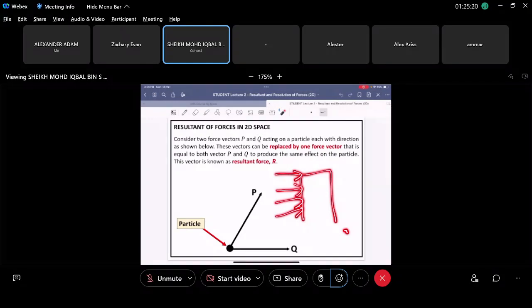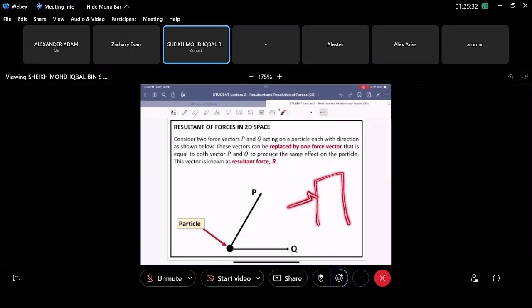So instead of analyzing each and every force here, there's a lot of forces, you can just make a resultant force and create one big resultant force on the building here. This one is called the resultant force, right? So instead of analyzing a lot of smaller forces, you can calculate the resultant force of all the smaller forces, and just analyze one force acting on the building here. You get me? So it's easier, right?